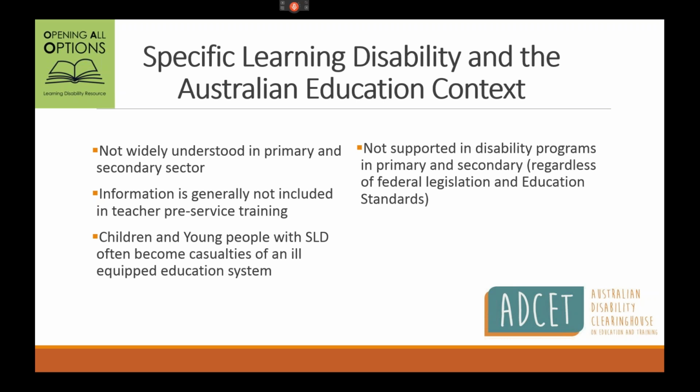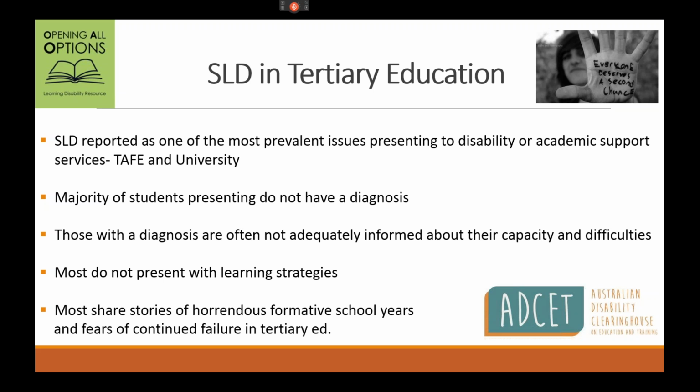And this is occurring in our compulsory education sector regardless of disability discrimination legislation at a federal level. So what's happening for the post-secondary sector is that people are arriving at TAFE and universities and other providers having very little knowledge about their learning difficulties and having received very little support or academic accommodations around their learning disabilities.